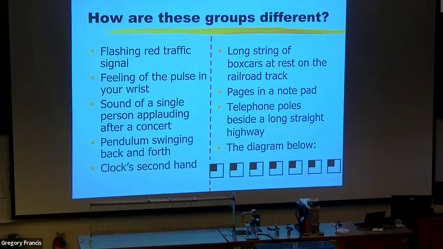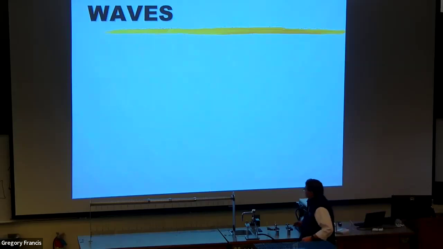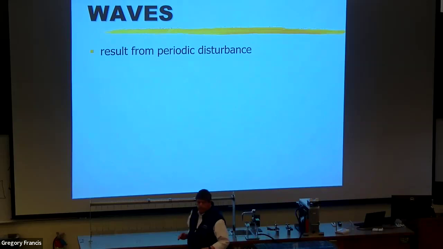And so the point I'm trying to make with this slide is that a wave is both. A wave results from a periodic disturbance. If I just disturb this once, I send a pulse. Okay, that's a single pulse.